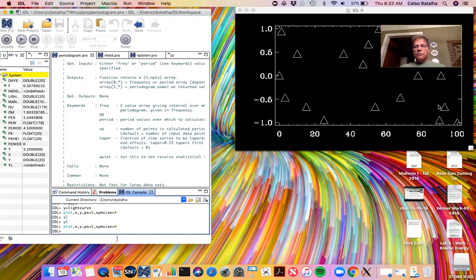So let's fold this. We use a simple prescription, and I'm showing it here. We take these observations in X and subtract the first point, and then divide by the period.